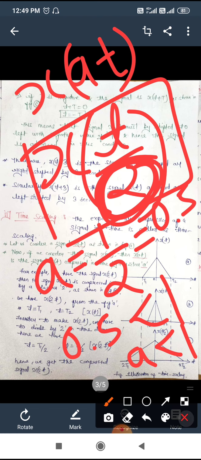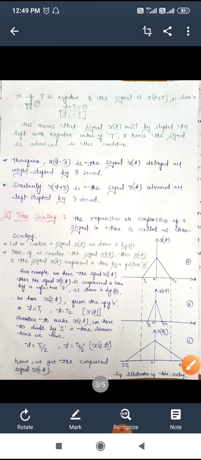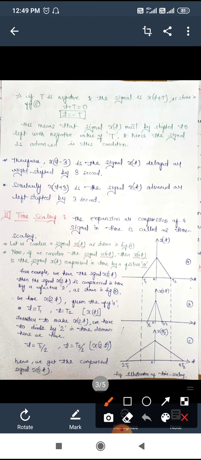With your time domain value of x(t). As we know, we have to make our signal x of t by 2 with the help of x(t), so what changes do we make in the x(t) diagram in order to make x of t by 2? Here, we have time values t1 and t2 in the time domain. In order to make t by 2, we simply multiply t1 and t2 by 2.